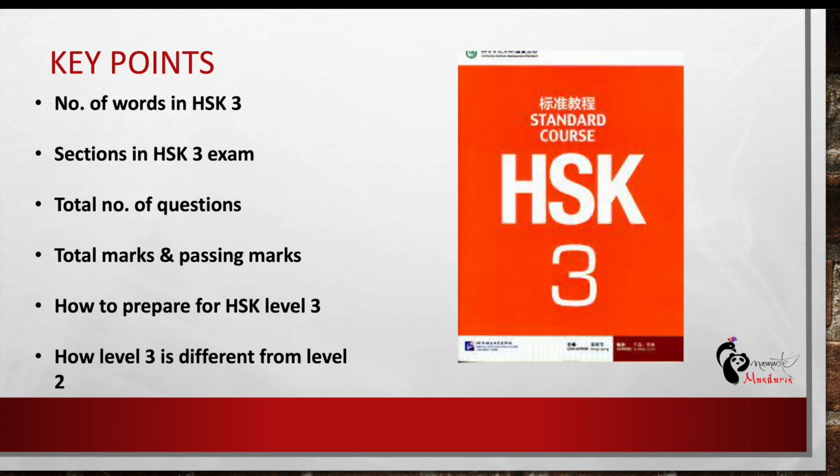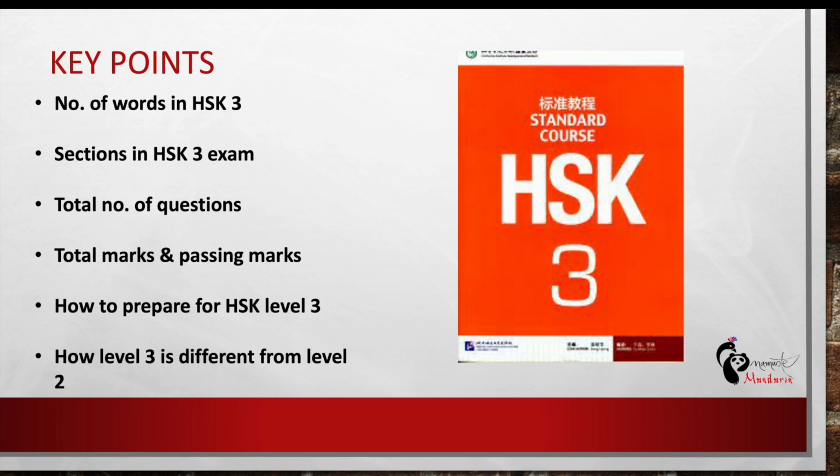In this book, all the words have been divided into different chapters. Each chapter comes with dialogues, with grammar points explained, and with exercises. So it's a thorough preparation for HSK level 3. It's a very useful book, I would say, because they have very systematically divided all the HSK level 3 words into different chapters.